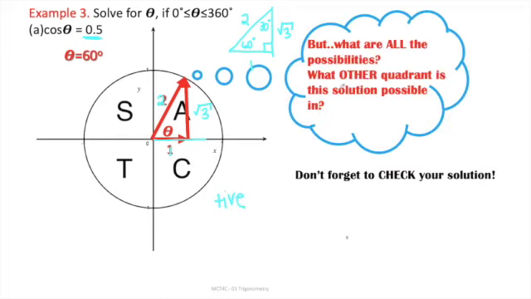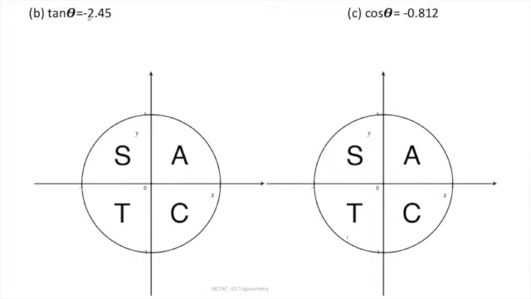For our next couple examples here, these are going to be tricky because you do not have these as part of a special triangle. So what we're actually going to do is just take the tan inverse to get to know what theta is. You should get negative 67.8 degrees.